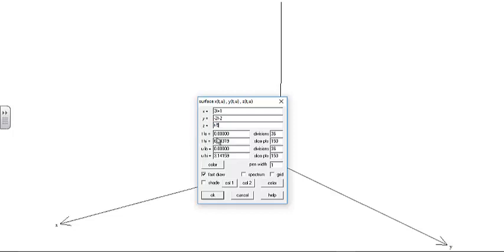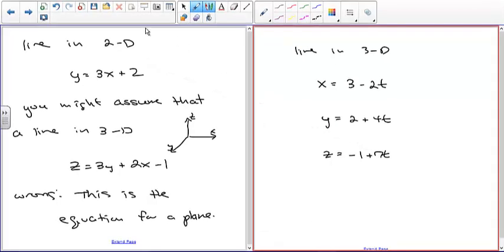Now notice you can have 2 parameters if you want to, but we're only using 1 parameter. And there it is. Okay, so there's my line. Just a straight line. So you can see it does actually become a line in 3-dimensional space. So I wasn't lying about the line.